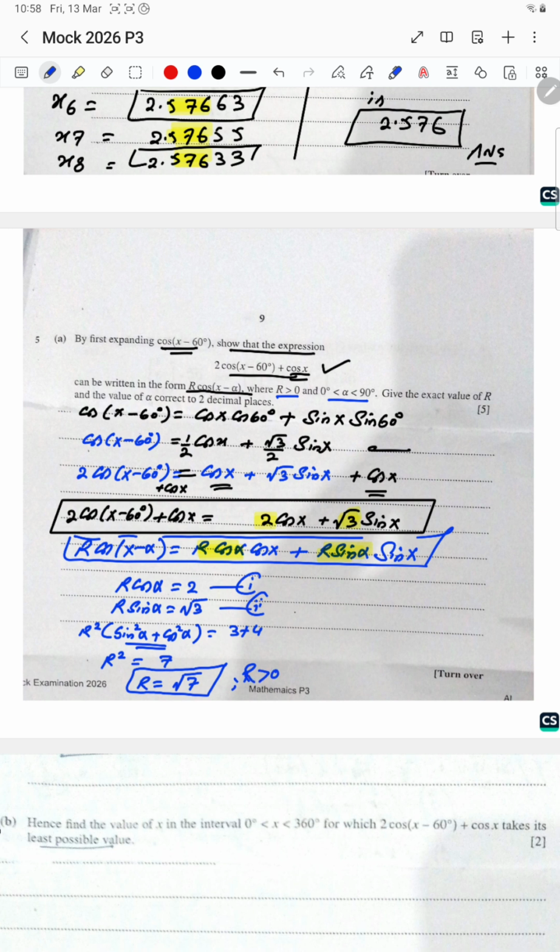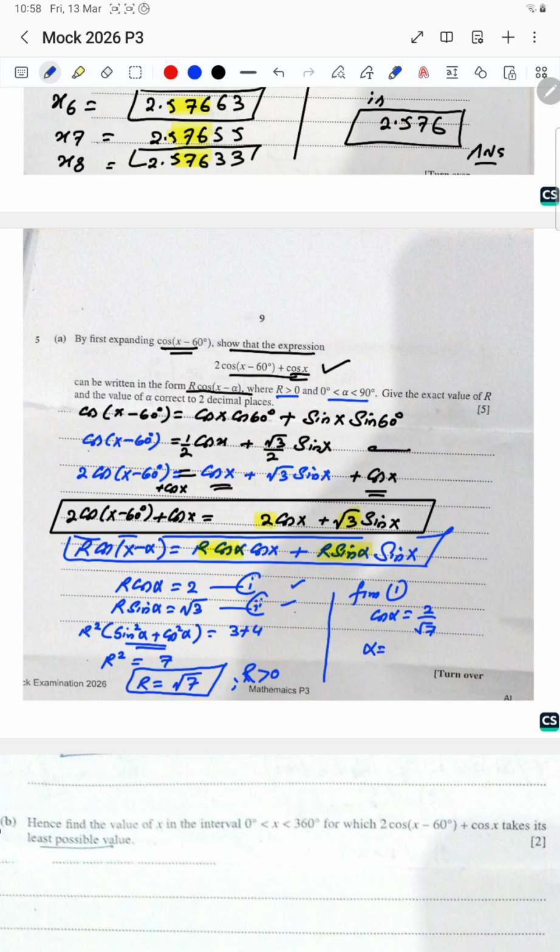Now we have to find alpha. Okay, and for alpha you can replace the value of r in either 1 or 2. Choice is yours. So I can say from 1, cos alpha is 2 by root 7. Okay, again get the calculator mode in degrees.